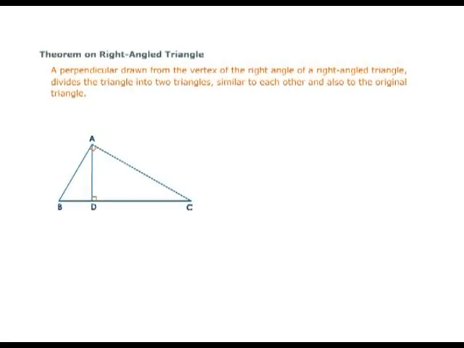Theorem on right-angled triangle. A perpendicular drawn from the vertex of the right angle of a right-angled triangle divides the triangle into two triangles similar to each other and also to the original triangle. In the right-angled triangle ABC, AD is perpendicular to the hypotenuse BC.